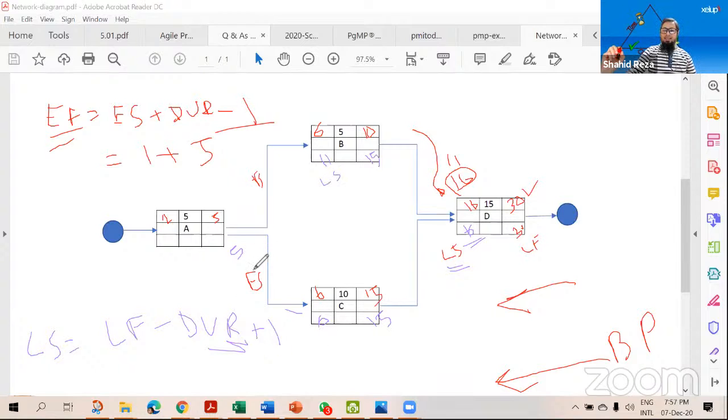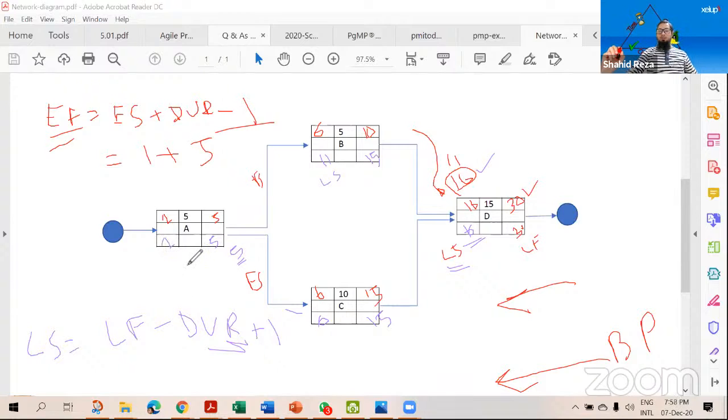So in this case, we have to take the lowest value. In the forward pass we take the highest value, but when we use the backward pass, we have to take the lowest value. So we cannot take the 10th day, we have to take day 5. All right. So 5 minus 5 equal to 0, plus 1 equal to 1.